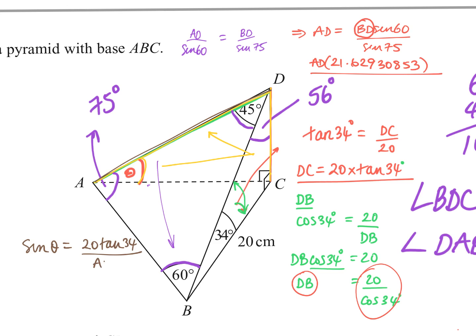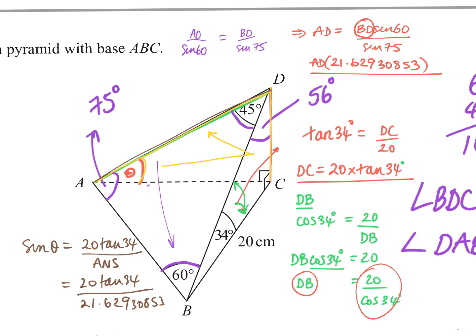So you can either put over ANS, because it's the last thing in your calculator display, or you can write it all out again, 20 tan 34 over 21.62930853. So let's see how that goes.